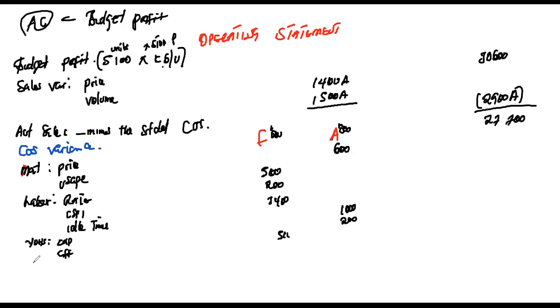Then we go to fixed production overheads, where we had expenditure, efficiency, and capacity. How much do we have on expenditure for fixed? 4,560.